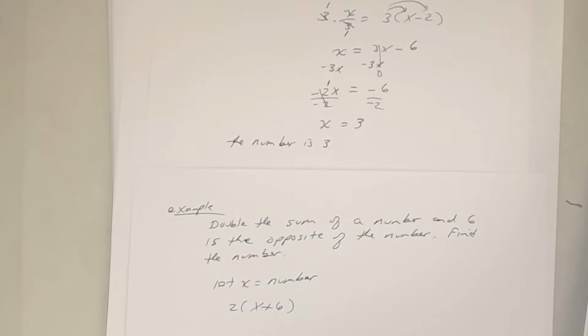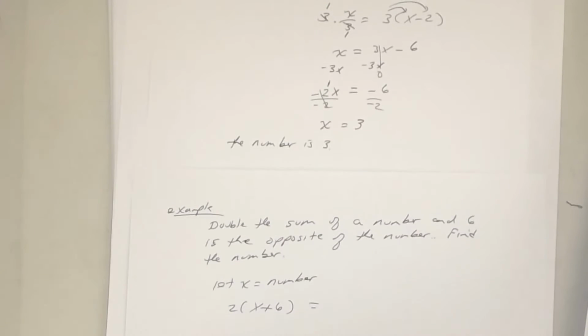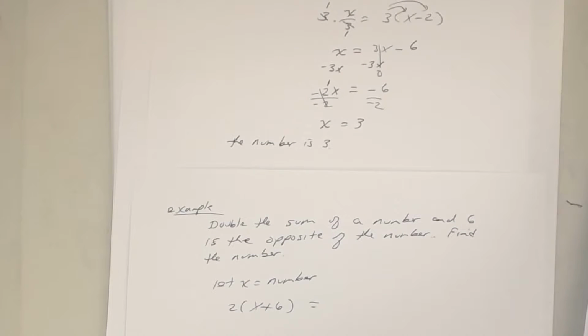All right, let's talk about the word opposite. If I have the number 5, what's the opposite of 5? If I have the number negative 8, what's the opposite of negative 8? Positive 8. So opposite means opposite sides of 0 on the number line. What is the number represented as? x.